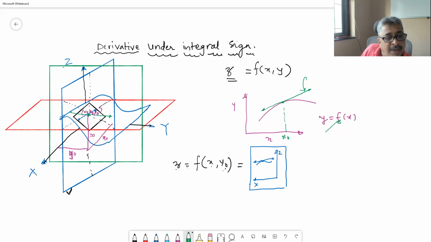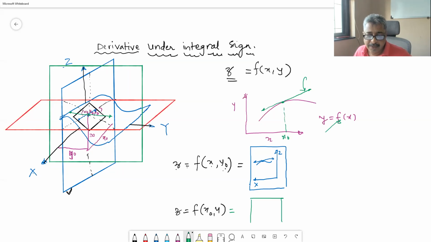This is green straight line which is in the green plane, and that can be written like this: z is equal to f of x naught comma y, f of x naught comma y, and it will be yet another plane, green plane, in which you have z axis and y axis, and there will be some curvature, something like this, and you are studying a straight line here.